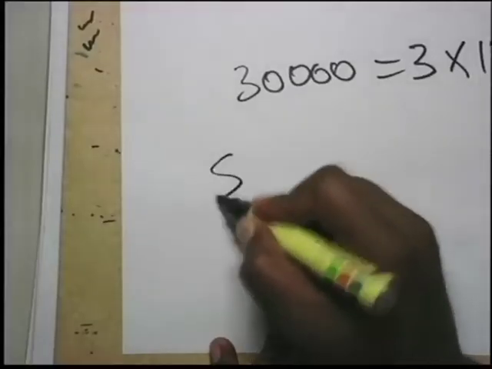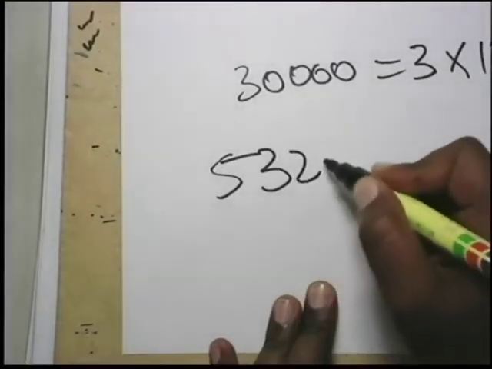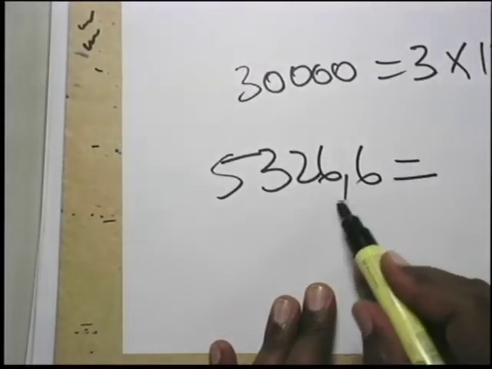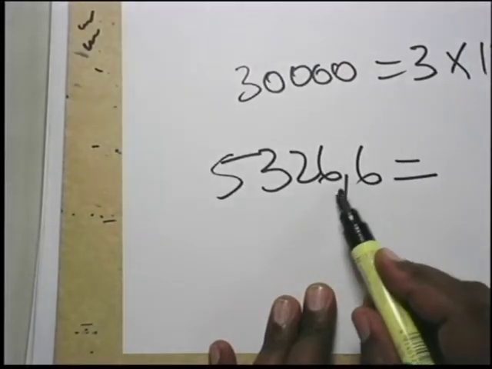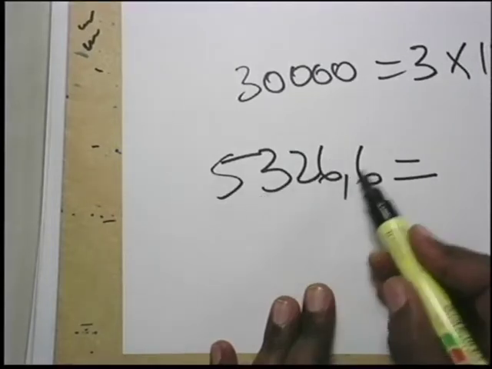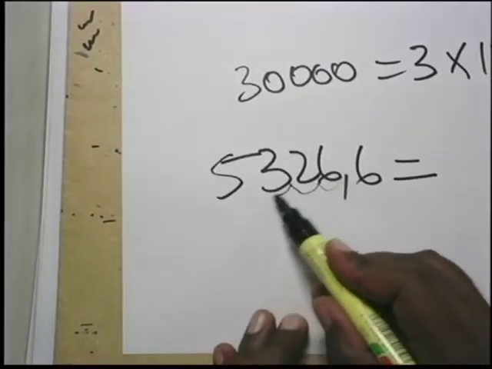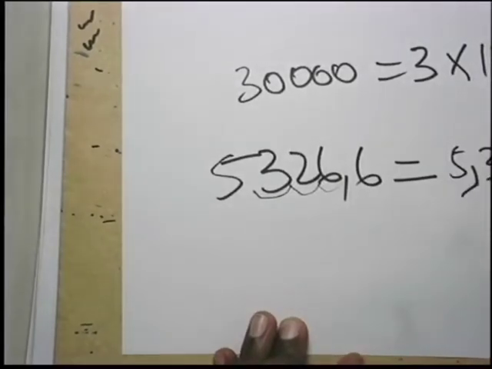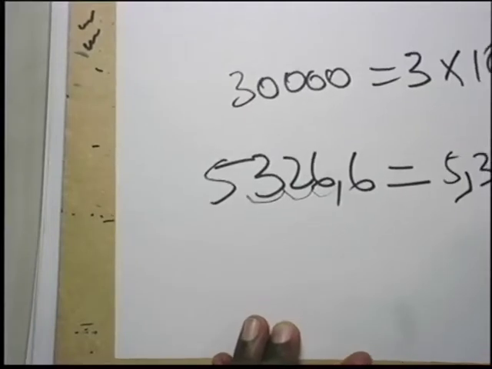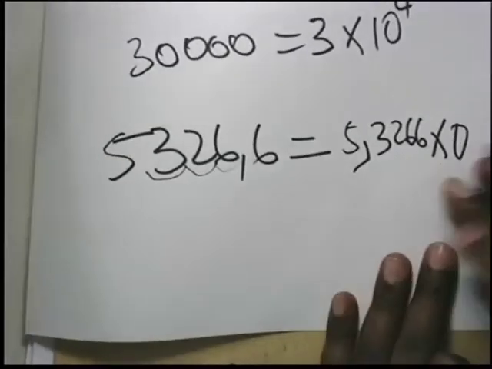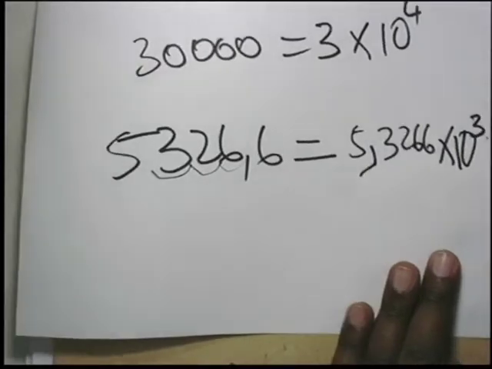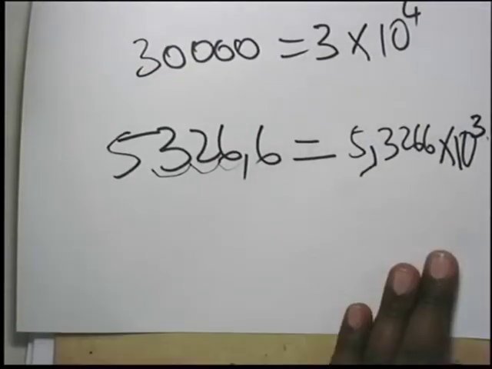This number is 5326.6. Now, the comma is here and it's going to move towards your left. That is 1, 2, 3. If it moves 3 times to the left, it means that it's 5.3266 times 10 to the power 3, because the comma has moved 3 times to your left.